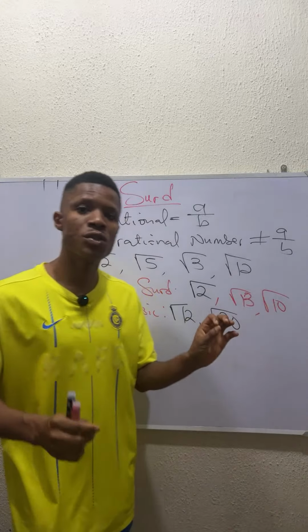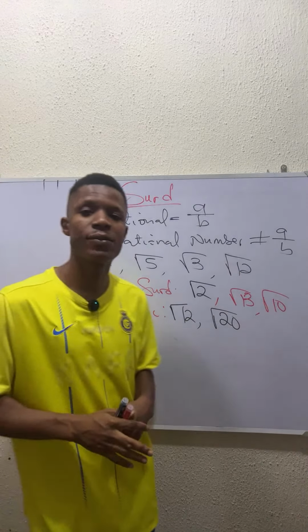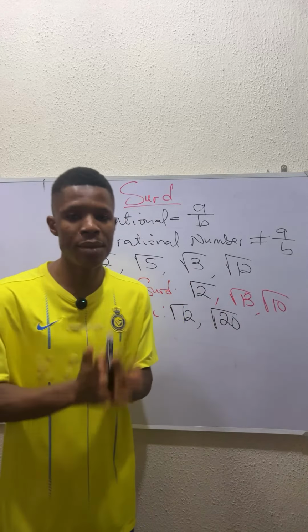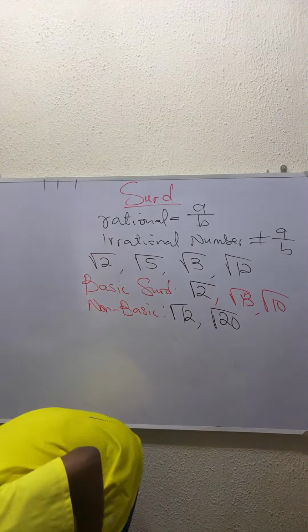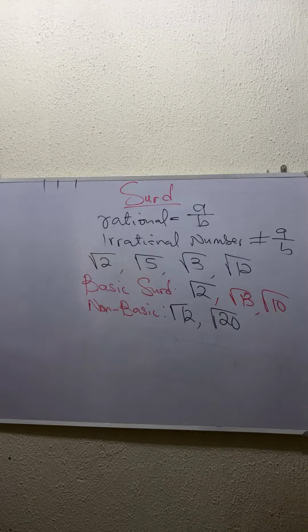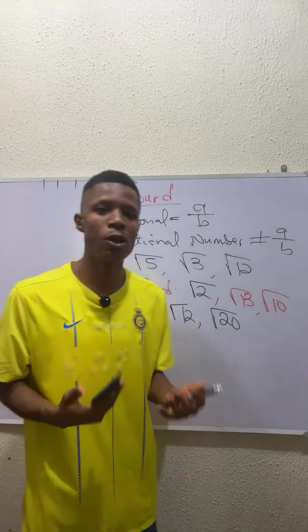Hi guys, I want you to give me an example of a basic surd. Write that in the comment section if you're following. Remember, basic surds are the surds that cannot be further simplified, while non-basic surds are the ones that we can still simplify and reduce to their lowest term.